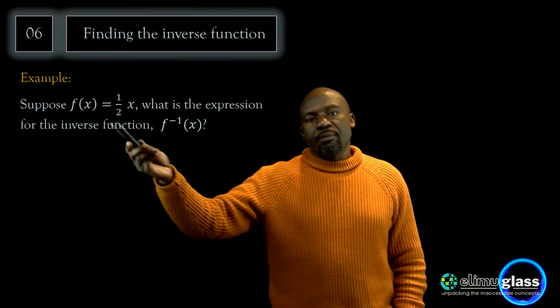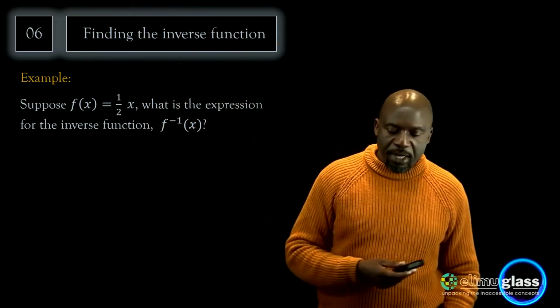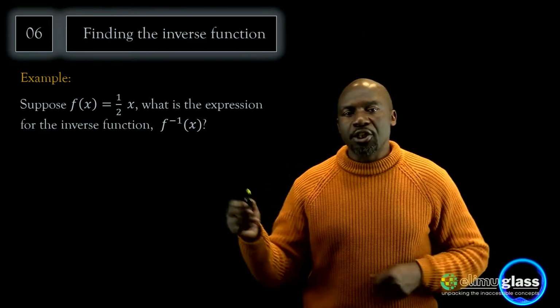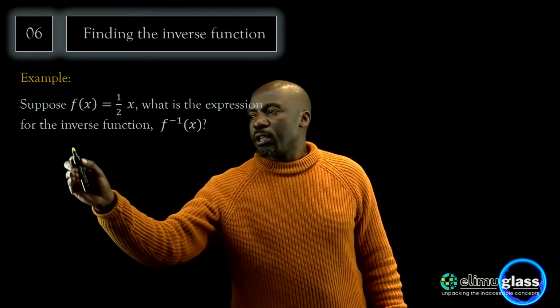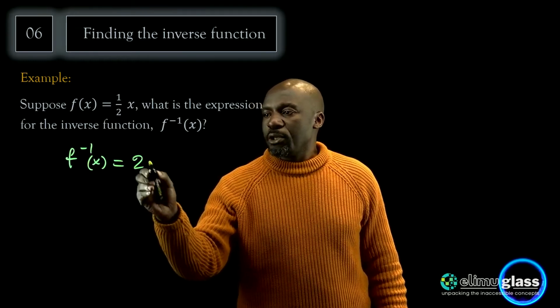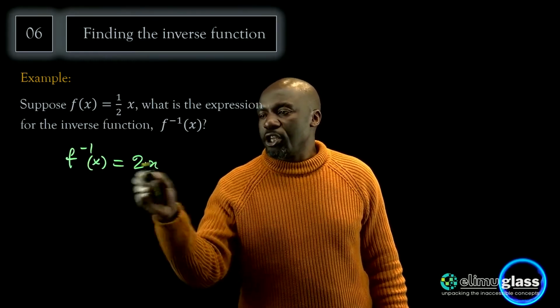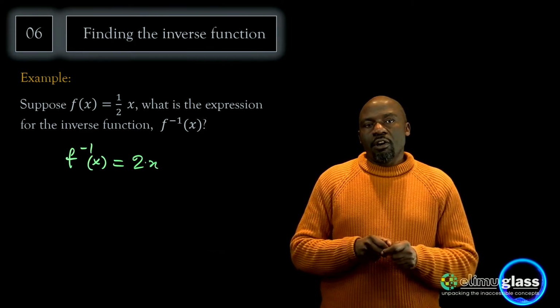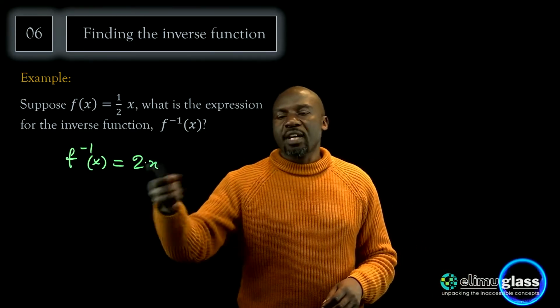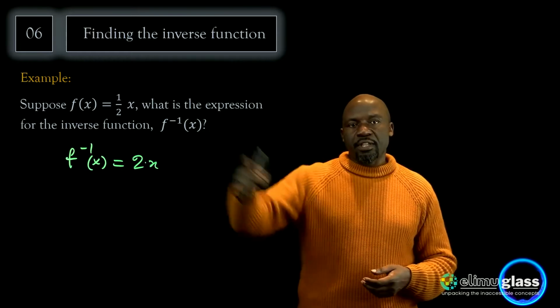And if we are dividing by 2, then we must now multiply by 2 to get the inverse function. And therefore, the inverse function, f inverse of x, must be 2x. Multiplication being the inverse of division.